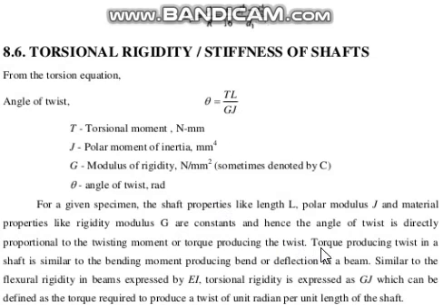The torque producing twist in a shaft is similar to the bending moment producing deflection of a beam. In beams, because of the load, bending is produced. Similarly, in shafts, twist is produced.